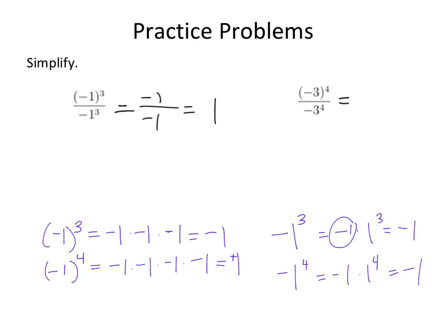So if I have negative 3 within parentheses raised to 4, since 4 is an even number, that's going to become positive 3 raised to 4. The bottom, since it's negative and there's no parentheses, it's going to be negative 3 raised to 4. I can cancel these out. 3 raised to 4 over 3 raised to 4. Anything divided by itself is 1. So this becomes 1 divided by negative 1, which simplifies to negative 1.